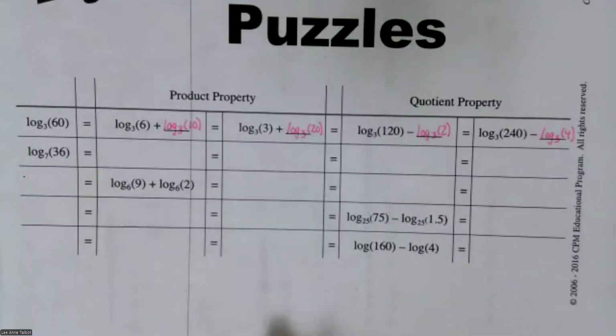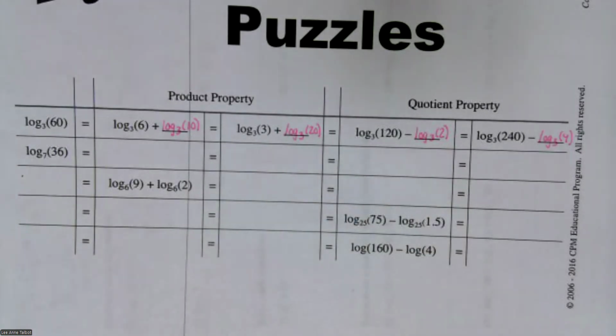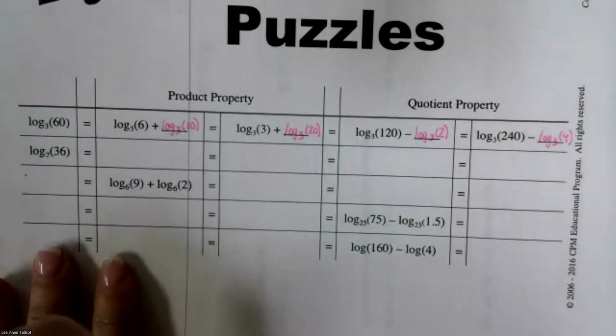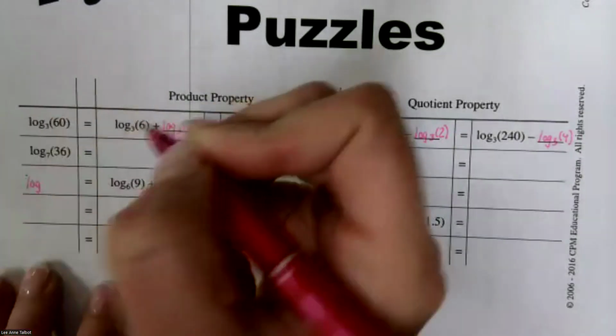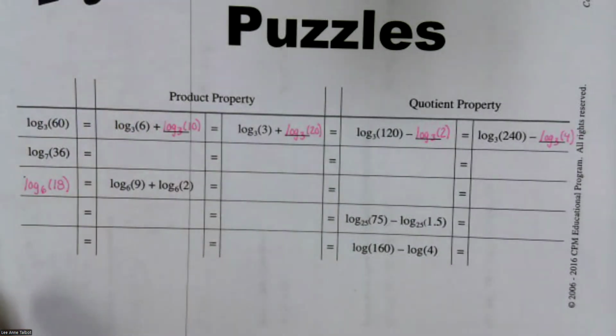Okay, so there's the answers for the first row. 10, 22, and 4 in the parentheses, just so you know you're on the right track. Which one of you were lazy and just picked the divided by 1?